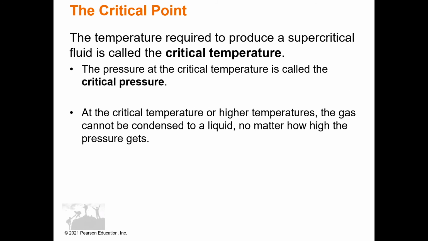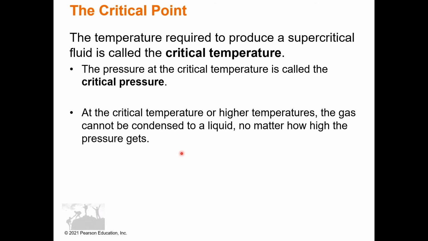We're not going to get fancy with these glossary terms here. The temperature and pressure where a supercritical fluid is created are called critical temperature and critical pressure. Now think back to how a gas can turn into a liquid.